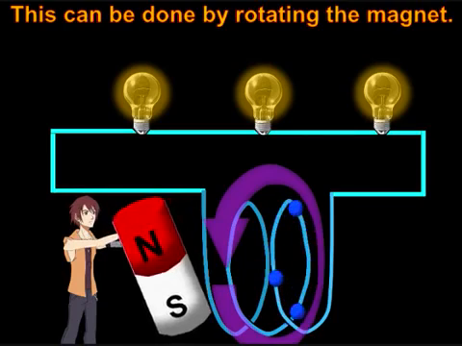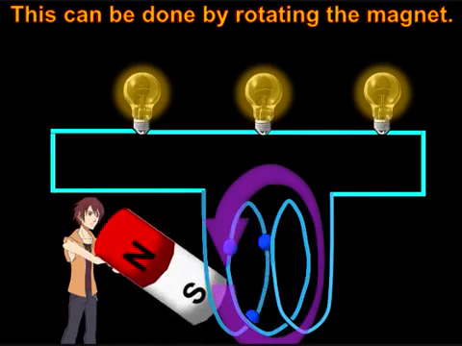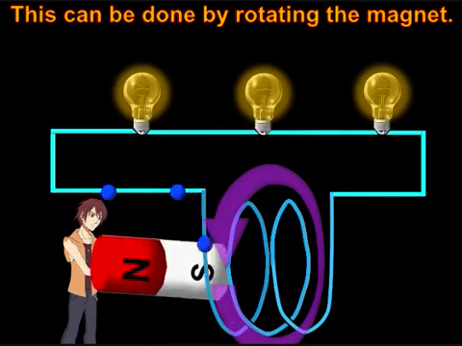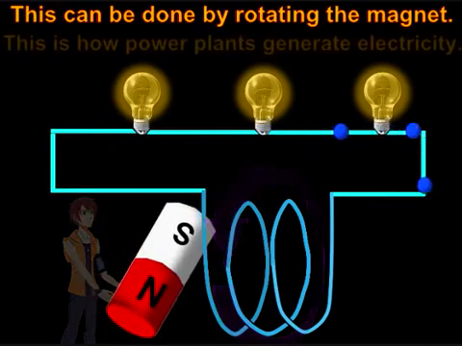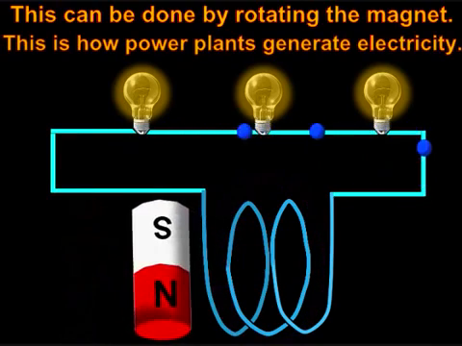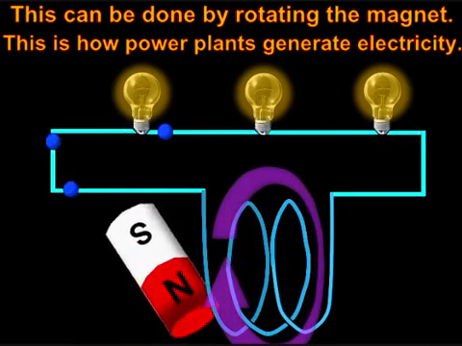This can be done by rotating the magnet. This is how power plants generate electricity.